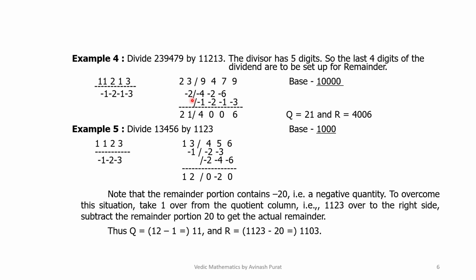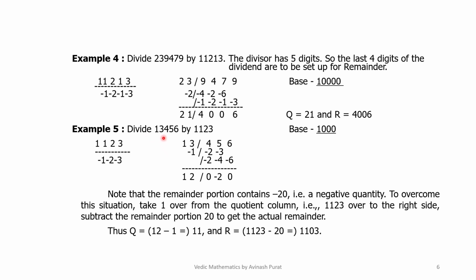Now 3 minus 2 is 1. So 1 multiplied by minus 1, minus 2, minus 1, minus 3 gives minus 1, minus 2, minus 1, minus 3. So 9 minus 3 is 6. 7 minus 6 minus 1 is 0. 4 minus 2 minus 2 is 0. 9 minus 4 is 5. 5 minus 1 is 4. So the quotient is 21 and the remainder is 4006.